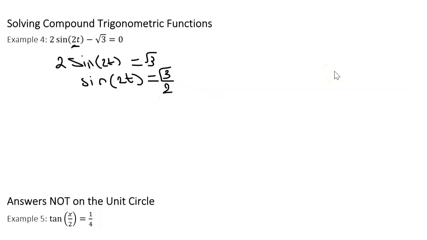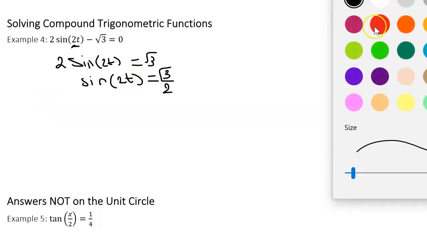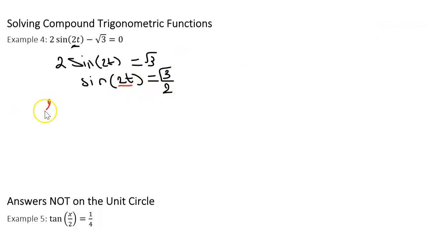From here, I really want to lean heavily on my inverse trig. So with inverse trigonometry, I can rewrite this with the input 2t being equal to inverse sine of the output, rad 3 over 2.